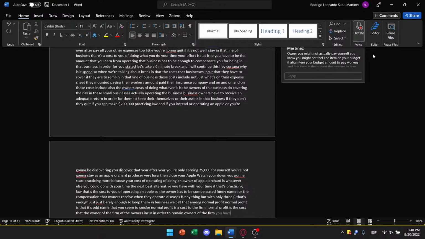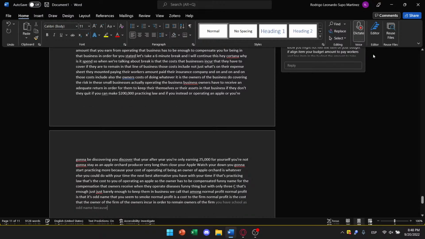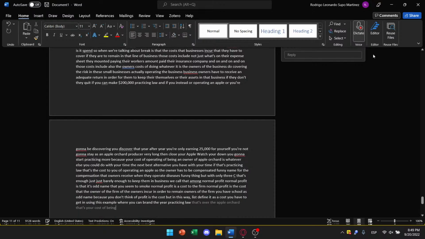It's an odd thing because you don't think of profit as a cost. But economists define it as a cost. Using this example, when you can earn $200,000 a year practicing law, if you're the owner of the apple orchard, that's your cost of being the owner. And so the profit that has to be left over to you after you pay all your other expenses, in order for you to continue to operate as an apple orchard owner, has to be at least $200,000.